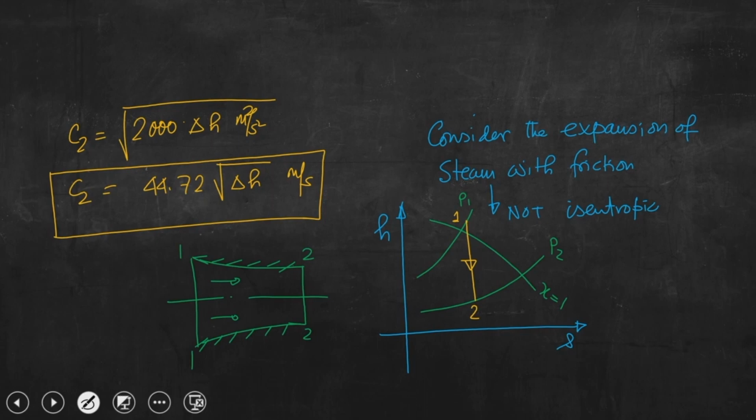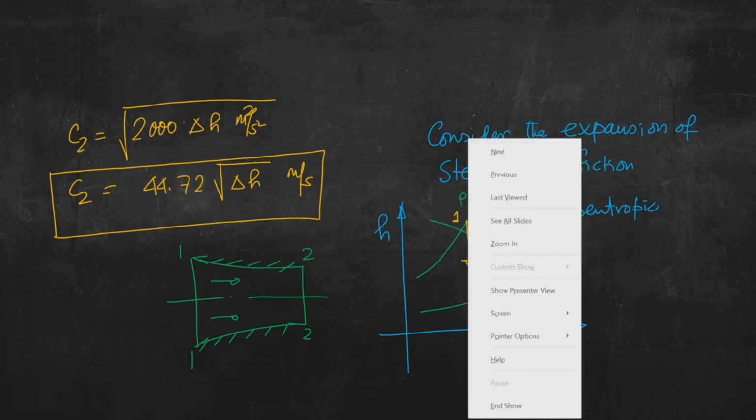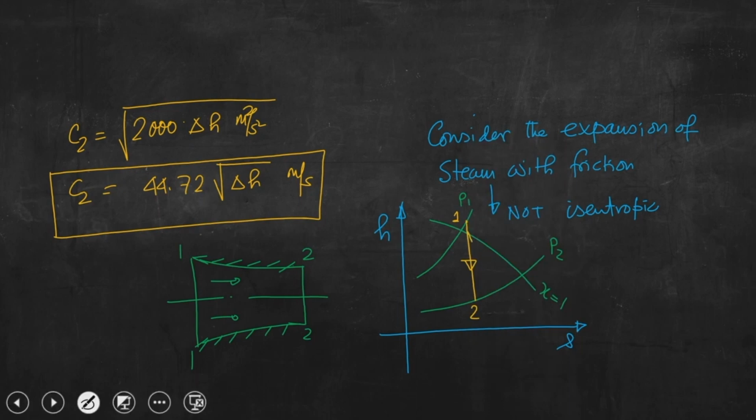But in reality, what will be the case? We will be having some sort of irreversibilities, and this should be 2 prime.